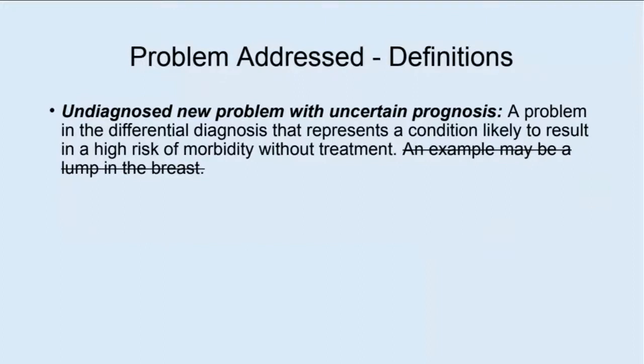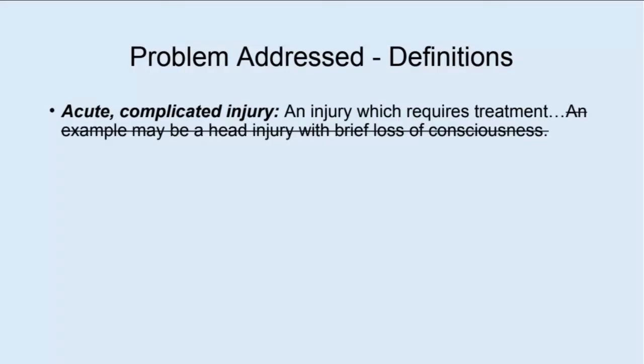Okay, the definition of undiagnosed new problem with uncertain progression has also had the examples deleted. The rest of it is still the same. So acute complicated injury, they crossed out again the examples.